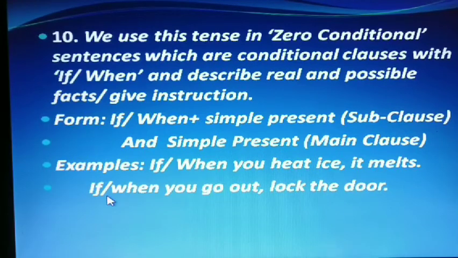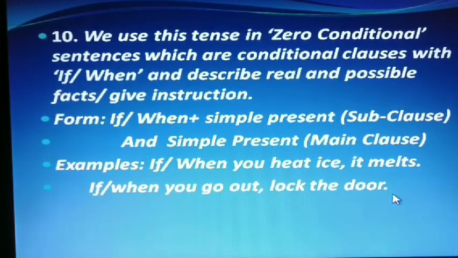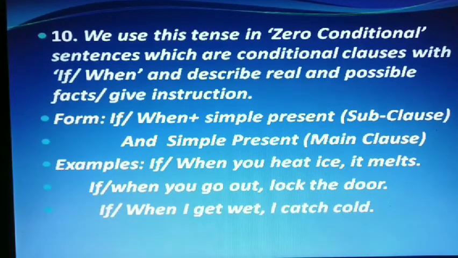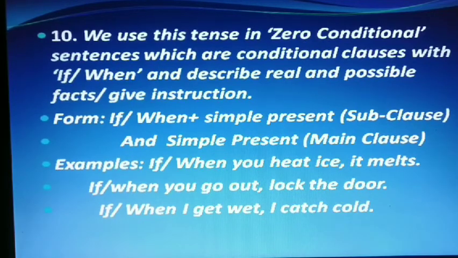Look at this. If or when you go out, lock the door. This is general practice. It is usually done, and we need to do that. It is a real example. And look at this. If or when I get wet, I catch cold. This is a real condition, a possible happening for myself.